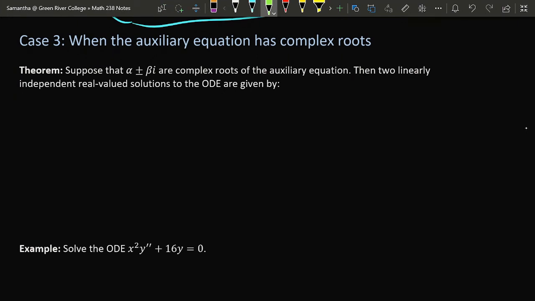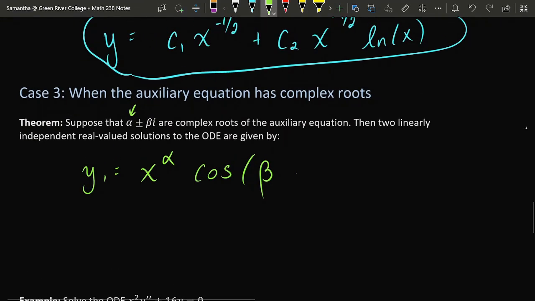Your two linearly independent real-valued solutions are going to be given by: y1 equals x to the power alpha, x to the power real part, times cosine of beta, but not beta times x this time, beta times natural log of x. For y2, you may be able to anticipate what's coming. Same thing, except with a sine.